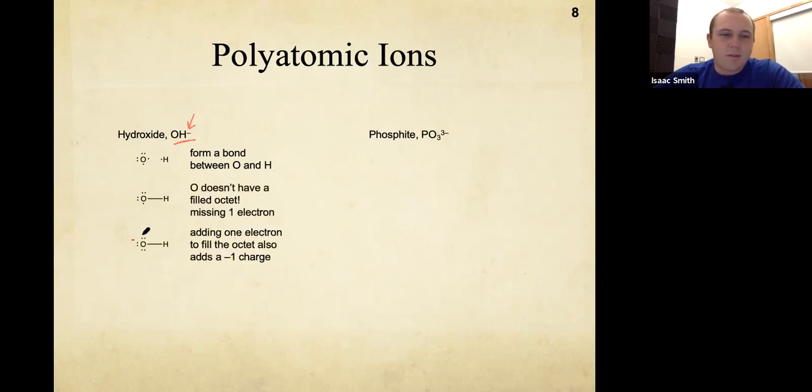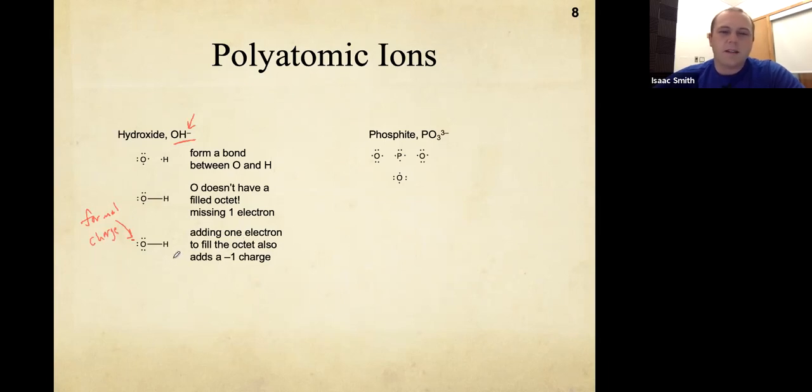Okay, so you can pop in 1 more electron on the oxygen, okay, and then you put the negative charge by the oxygen, signifying that that has an extra electron around it, okay. This negative charge that you see here is referred to as a formal charge, okay.